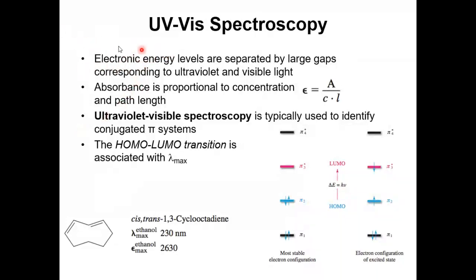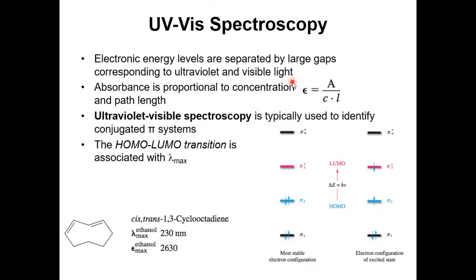Electronic energy levels are separated by larger gaps than vibrational ones, which is why their absorption usually occurs in a higher frequency region, corresponding to ultraviolet or visible light.